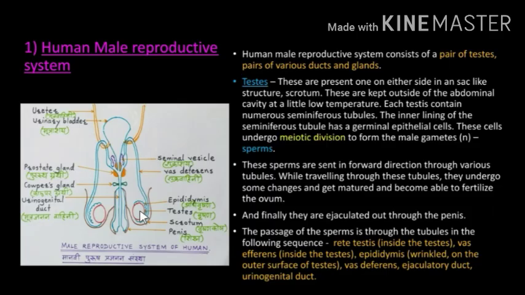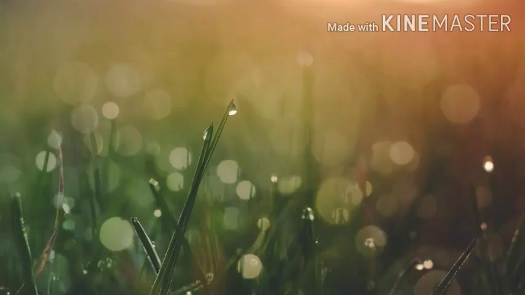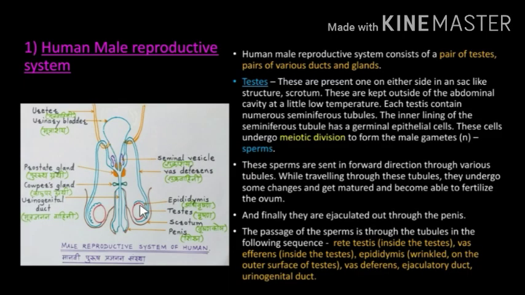Each testis contains numerous seminiferous tubules. The inner lining of the seminiferous tubules has the germinal epithelial cells, and these cells undergo meiotic division to form the male gametes with n number of chromosomes, and these male gametes are known as the sperms. These sperms are sent in forward direction through various types of tubules.